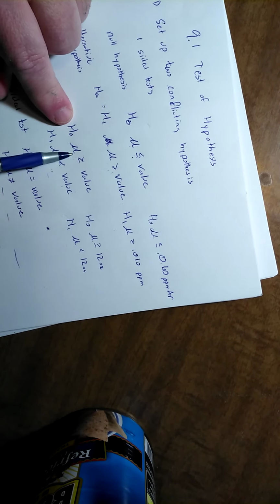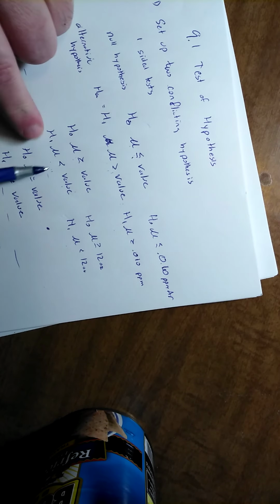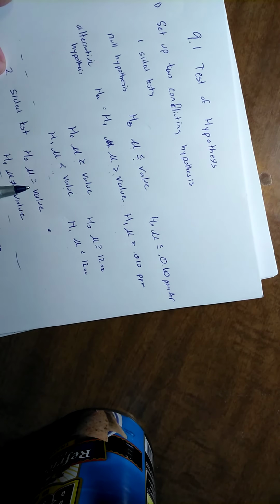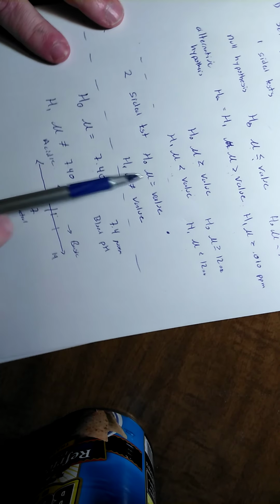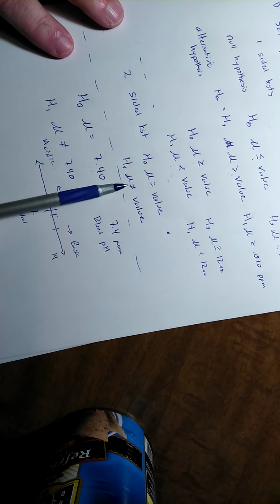If you're slapping a label on a beverage that says this beverage contains 12 ounces, then that's the status quo. And as the quality control person, you're caring whether or not you're shorting people, and you're worried about getting sued. This drug does not change the blood pH. You're concerned maybe it does, and if it does by too much... So this drug does not change the blood pH level, but you're concerned that it does.